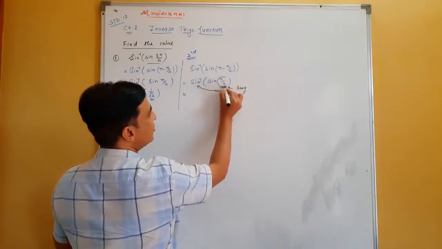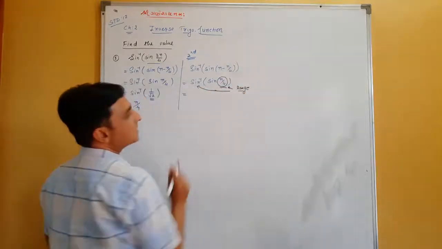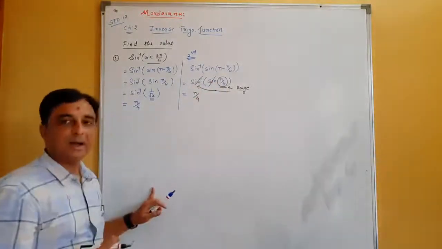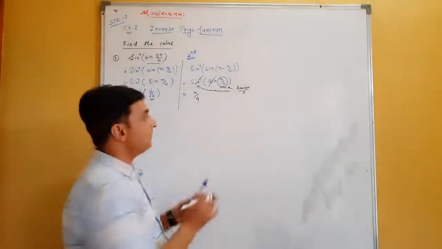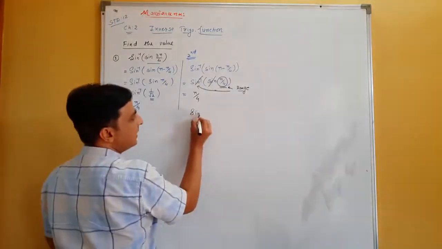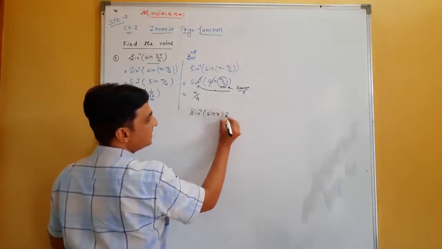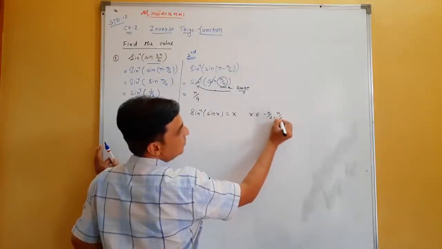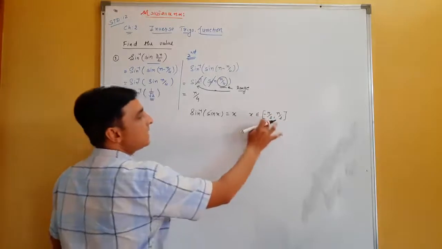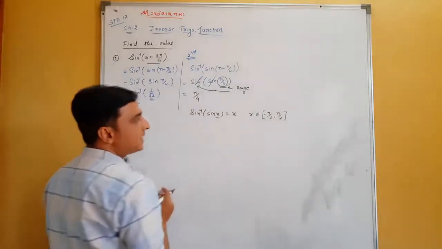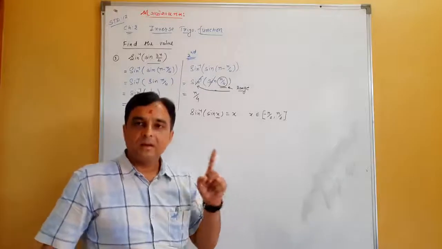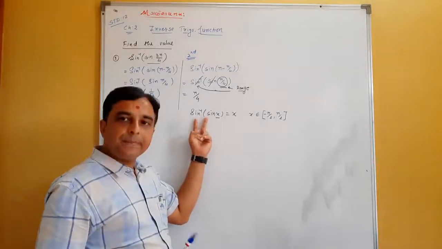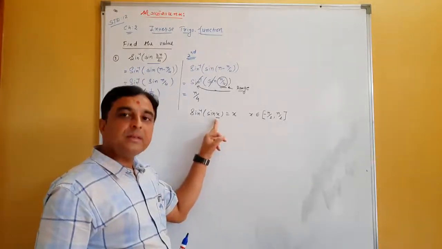If this value is in range of sine inverse, then this is automatically cancelled and the answer will be pi by 4. What we have to check? That means this is the formula, sine inverse sine x equal to x, if x belongs to minus pi by 2 to plus pi by 2, the range of the respective function. At that time, that inverse function and the original function will cancel, and the answer will be this x.